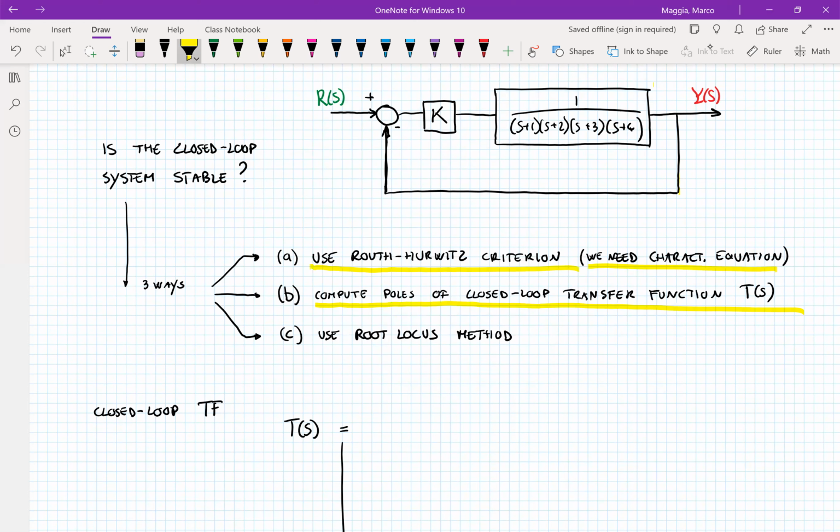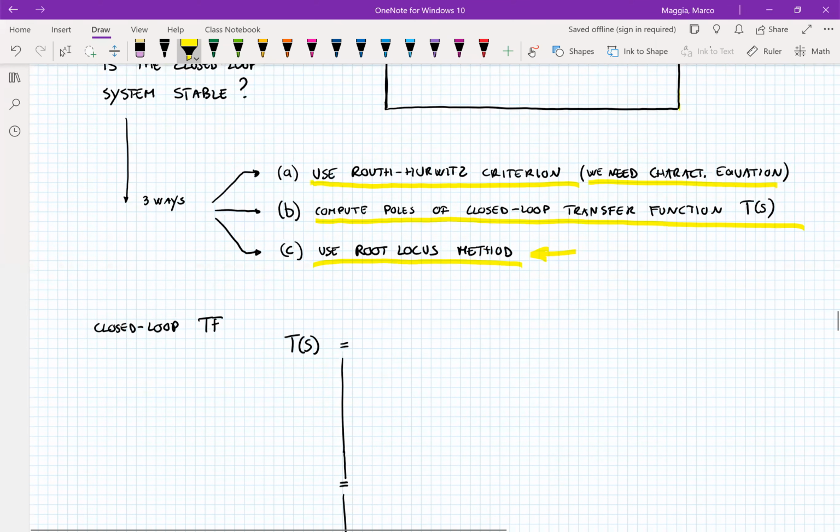It is still possible, but it's going to be very long. And then the third option would be to use what is called the root locus method. It'll give you all the possible closed loop poles for all values of the parameter k. This is very powerful, and we're going to talk about it later. But now we're only familiar with case A and B.